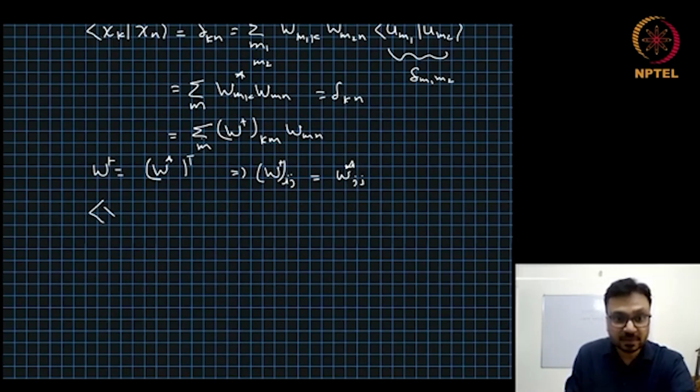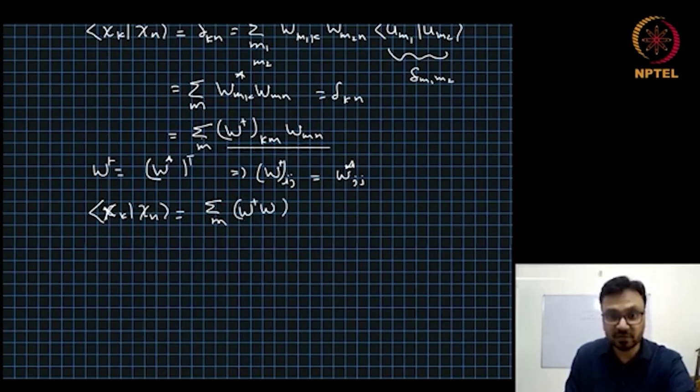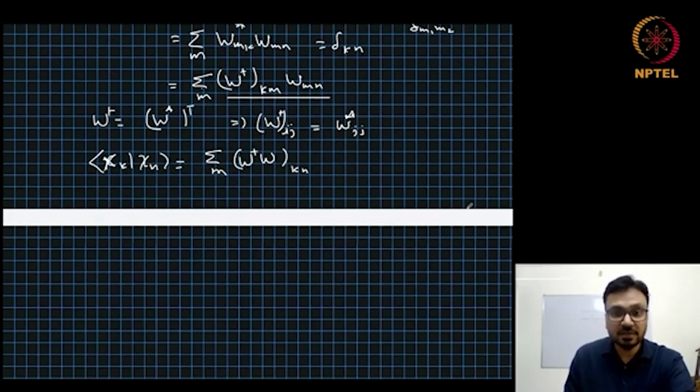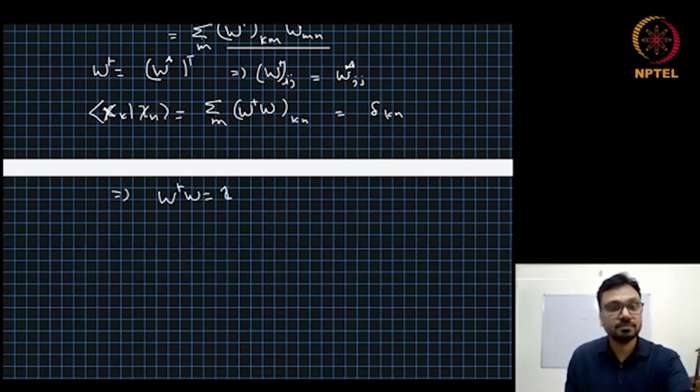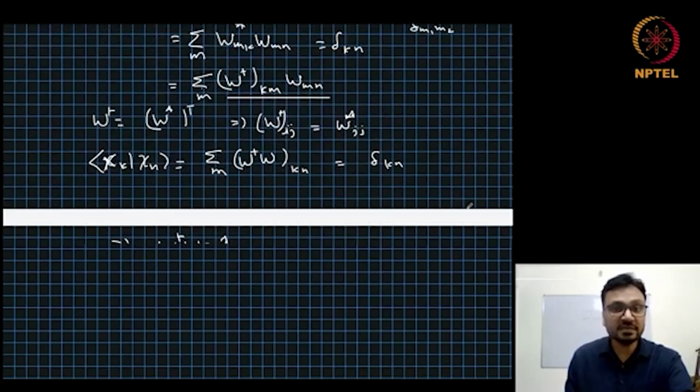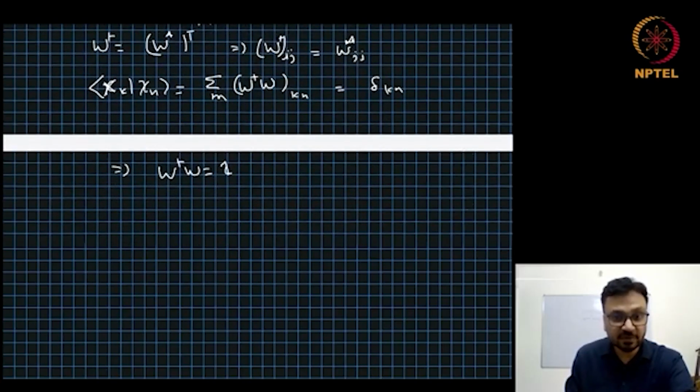So it means chi k chi n becomes sum over m w dagger km w mn. You can check that this is actually the matrix multiplication of w dagger and w, the kn element of that, and this is equal to delta kn. This implies that w dagger w is identity. Similarly, we could have written u in terms of chi and we would have gotten w w dagger equals identity.